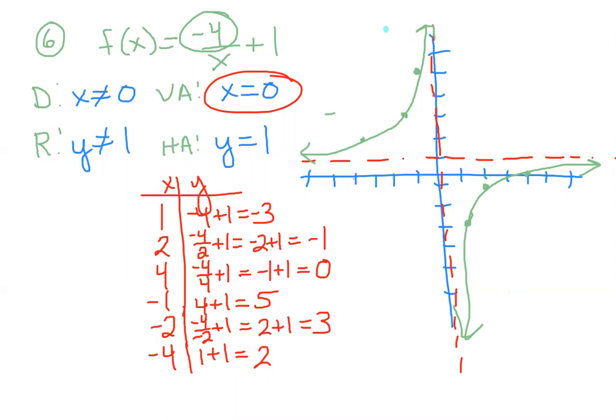And if you notice, look how far away the turn is from where the asymptotes come together. See how far away that is? The ones that we did before were a lot closer to that. That's because there's a 4 up here and not a 1. If we had a 1, those would be much closer, but a bigger number up there makes it widen out and be farther away right there.